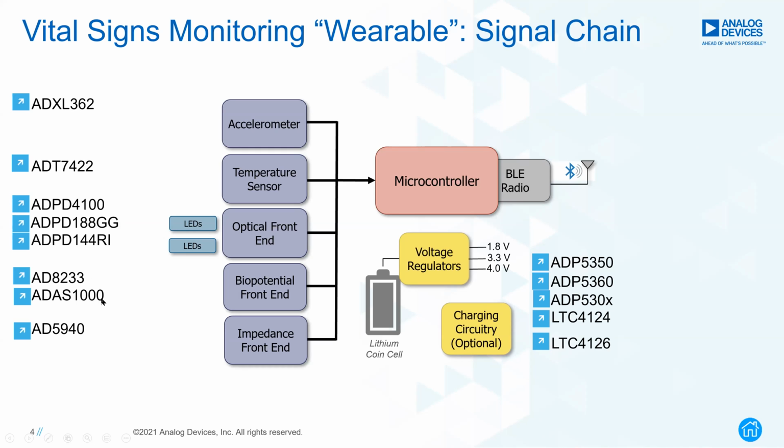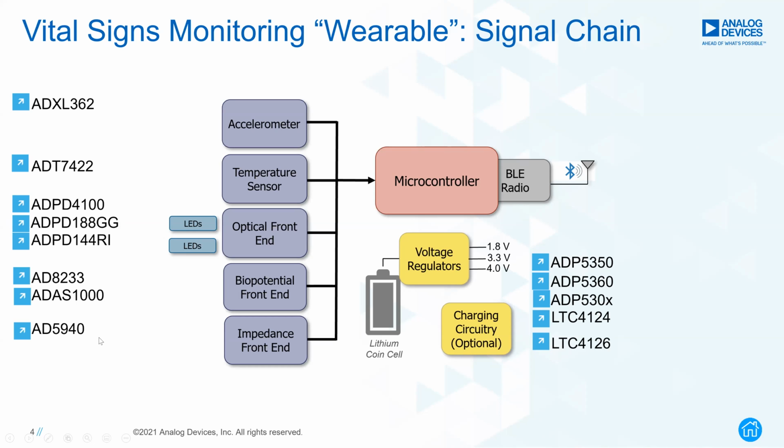ADAS1000, we call it. It has different variants. It's a multi-lead ECG front end, where especially for this 1K, you can connect up to six electrodes directly, and it has all the front end and the processing built into it.